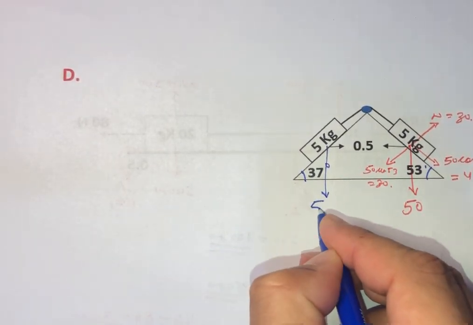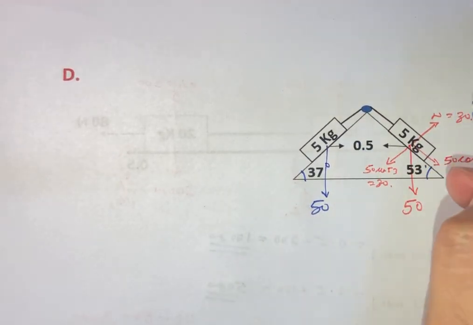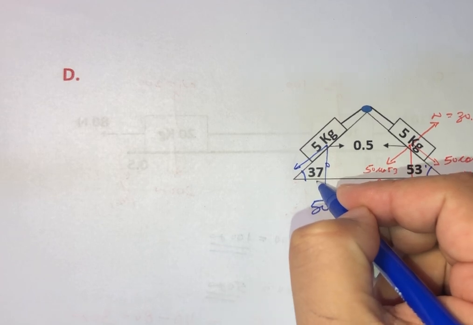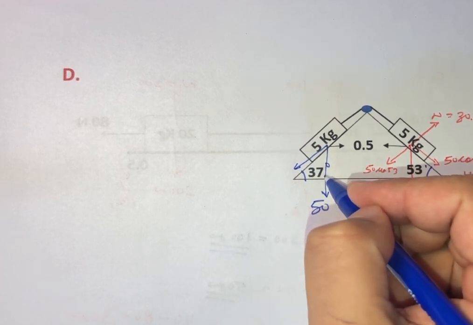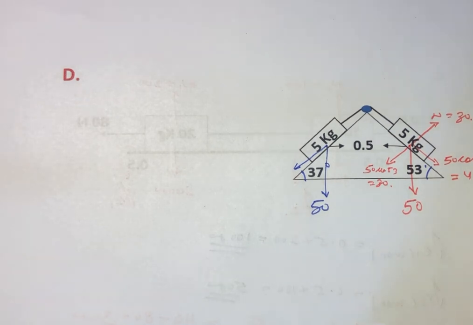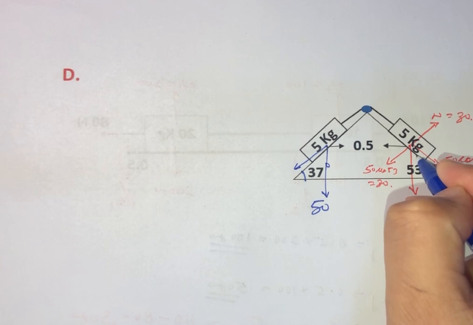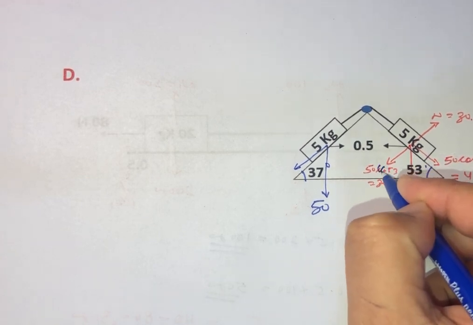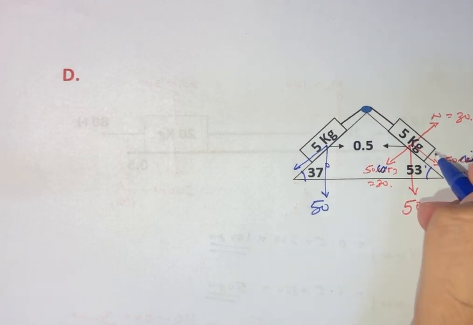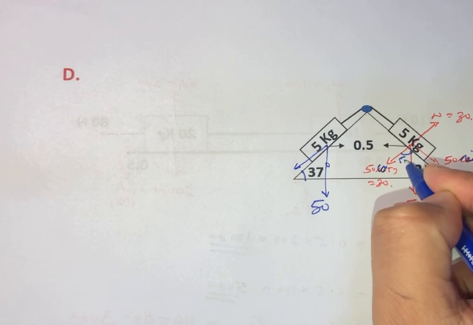We have 50 in the downward direction, and this component, this is the angle of 37, so we have, sorry, I think I made a mistake. This angle, so this will be cos and this will be sine, because this angle will be 53.